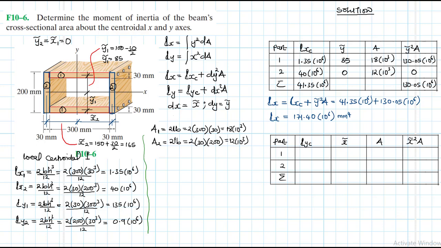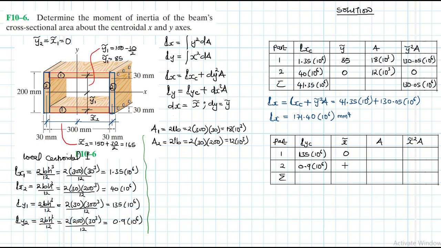So let's go to the second one. Moment of inertia centroidal about the y-axis. For part 1 we have 135 times 10 to the power 6. For the second one we have 0.1 times 10 to the power 6. Then x curled 1 is 0 for part 1.